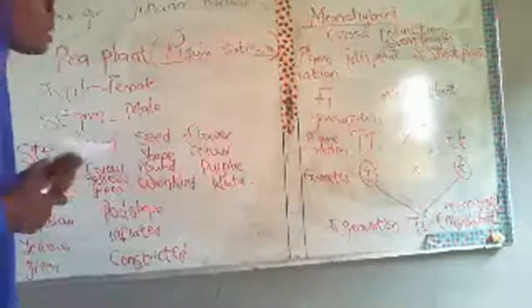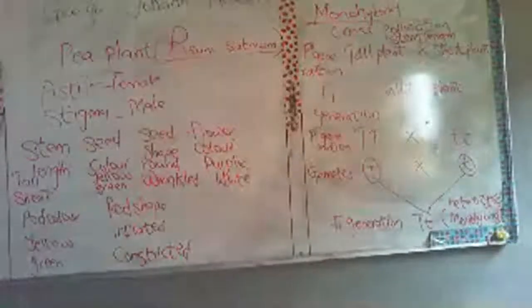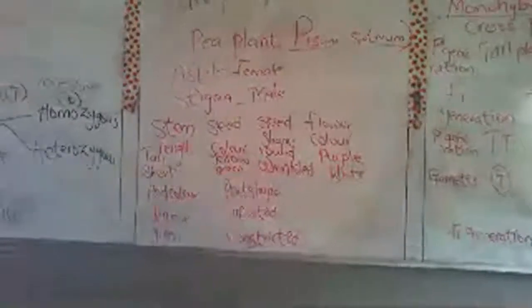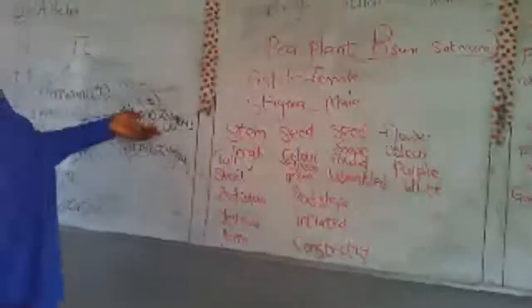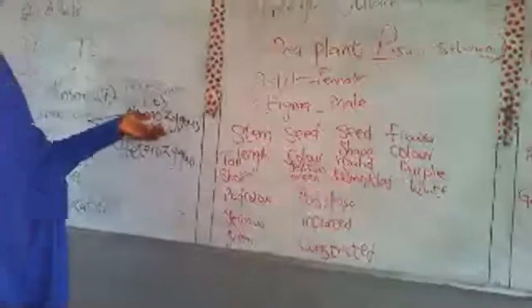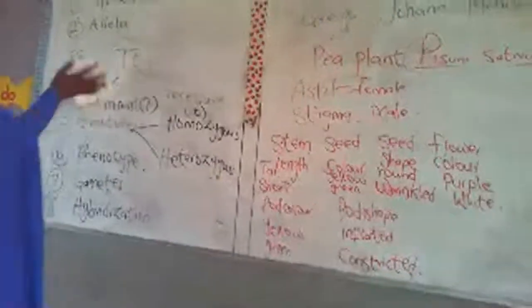Because I explained heterozygous, an individual that is heterozygous is also a heterozygote. Then an individual that is homozygous is a homozygote. Do you understand? Now, let's continue the crossing.